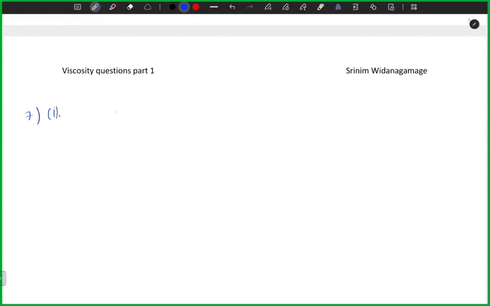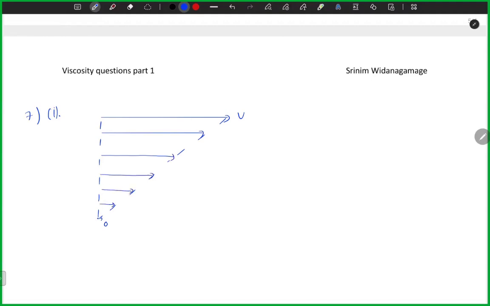It's very simple, right? The topmost layer is going to have a velocity of v. The bottommost layer is going to have a velocity of 0. So the velocity gradient is going to go from v to 0.